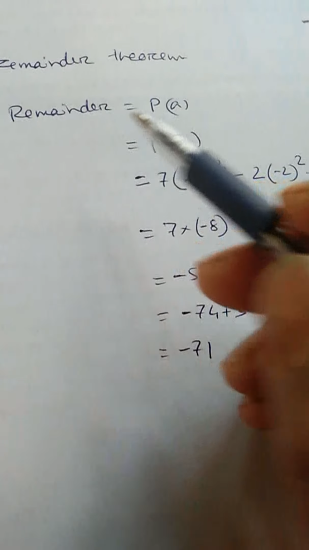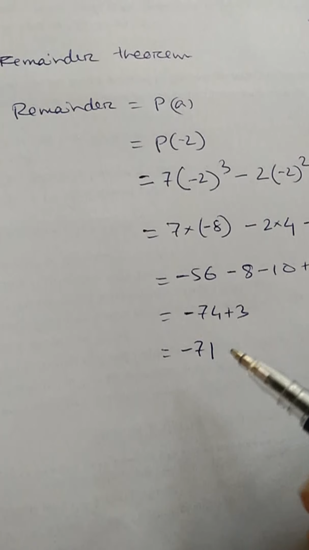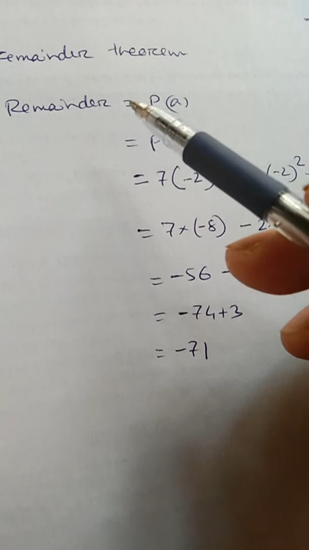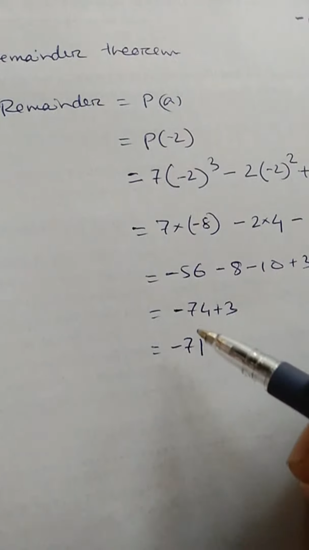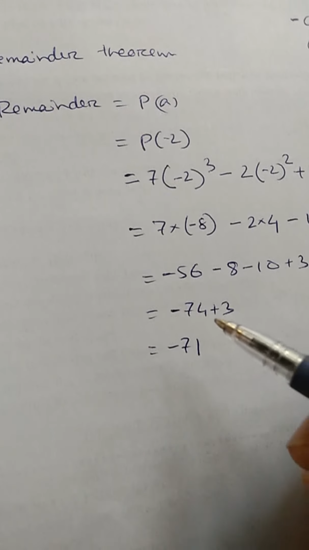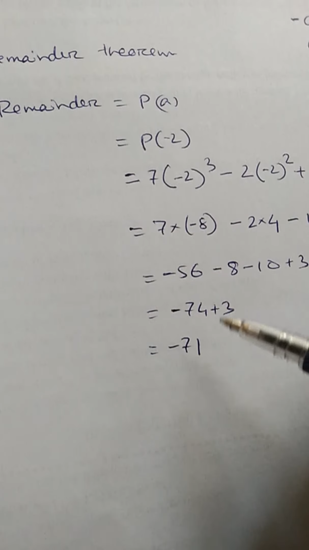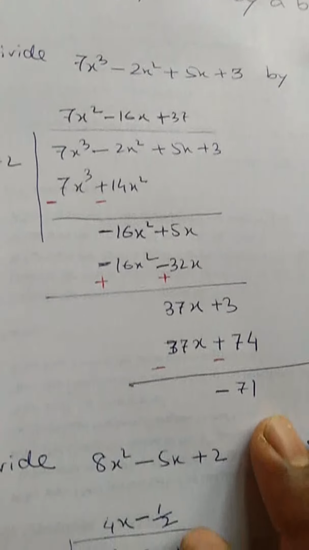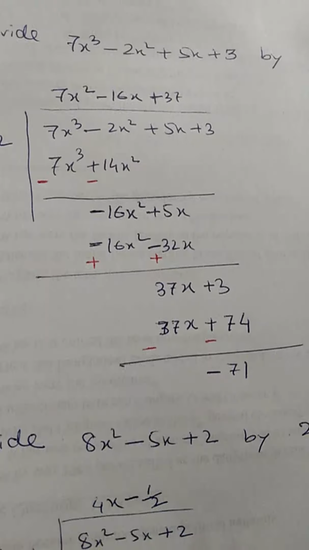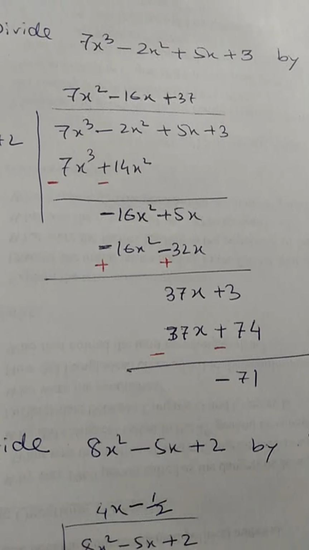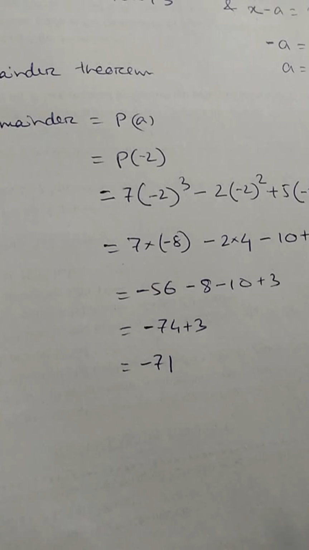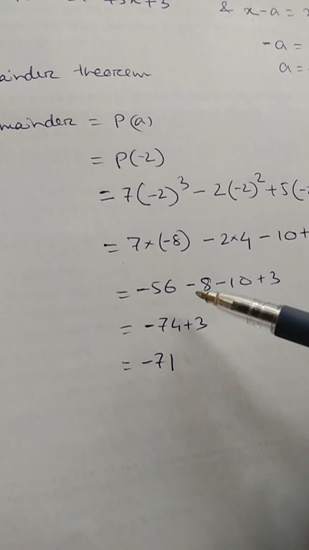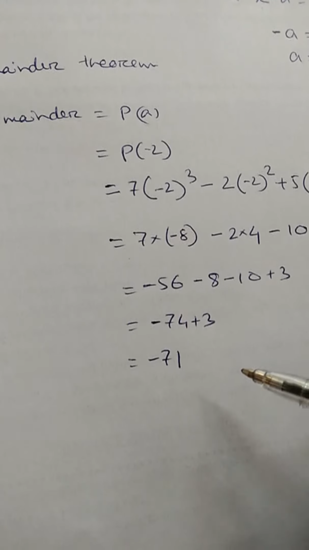So therefore remainder is minus 71. So this is the shortcut way to find the remainder. Whereas this minus 71 we can get by the long division method also, that we did here in this way. So remainder will be same, but this way we can get it easily. Thank you.